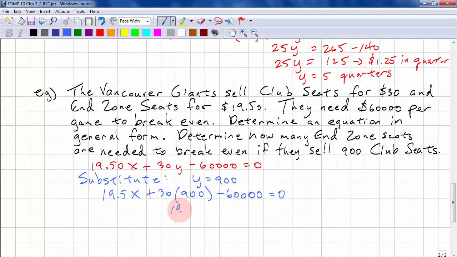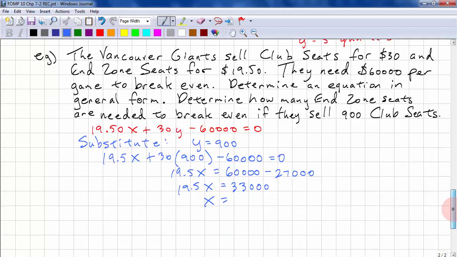So 19.5x equals, when we move this over to the other side, it's just going to be positive. And we're subtracting this because it's going to be negative when we move it over to this other side. 3 times 9 is 27, and we add 3 zeros. So 19.5x equals 33,000.